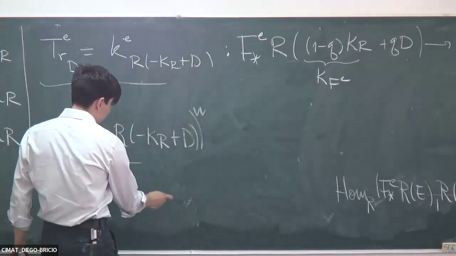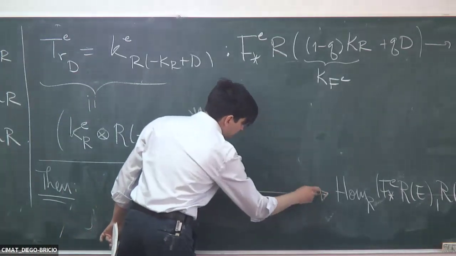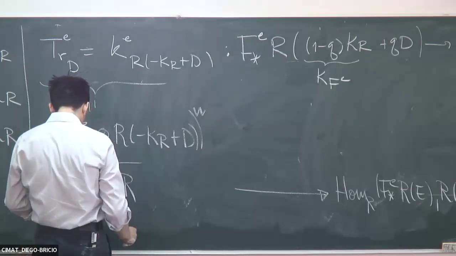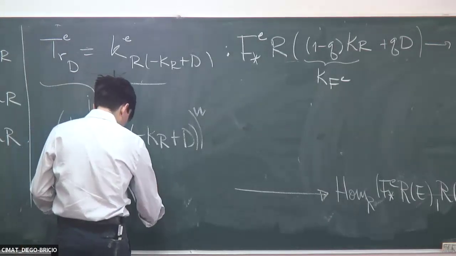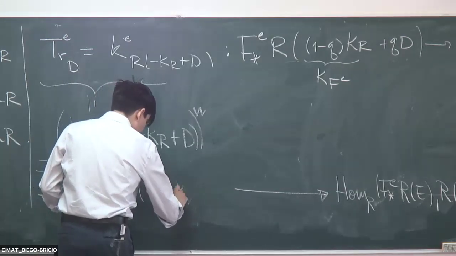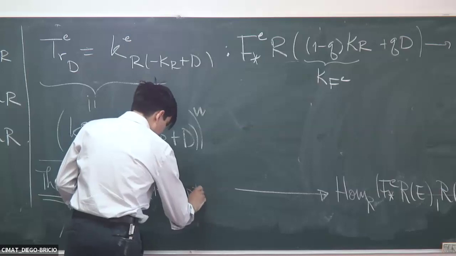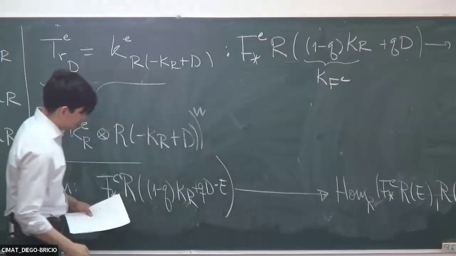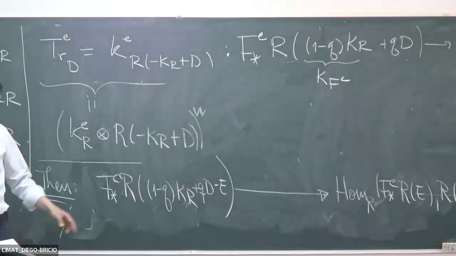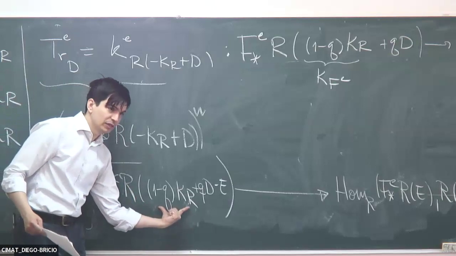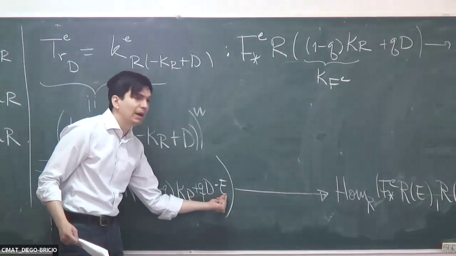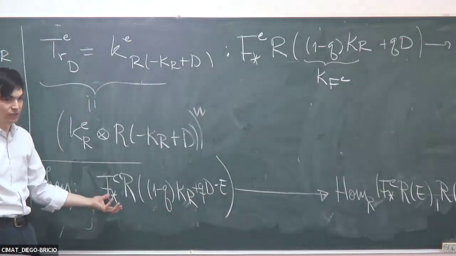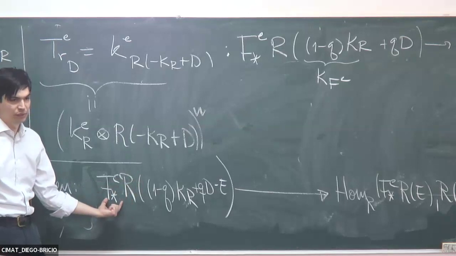We accomplished this the other day, and this is going to be isomorphic to the Frobenius push forward of R, and I will have to write down a very careful divisor here: y minus qK_R plus qD minus E. Remember, we started the class with this relative canonical plus pullback of D minus E. I'm just writing down what we started with today, but instead of little f, I'm using Frobenius.